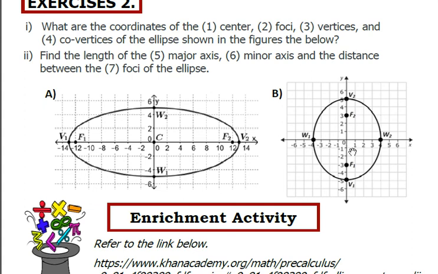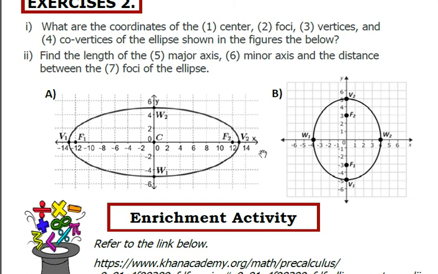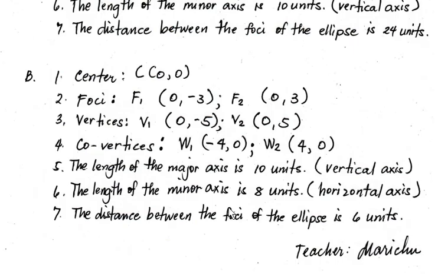From the center going to the right to co-vertex W sub 2, another 4 units. So a total of 8 units. Now, what's the distance between focus F1 and focus F2? From the center going to focus F1, that's 3 units. From the center going up to focus F2, another 3 units. So a total of 6 units.